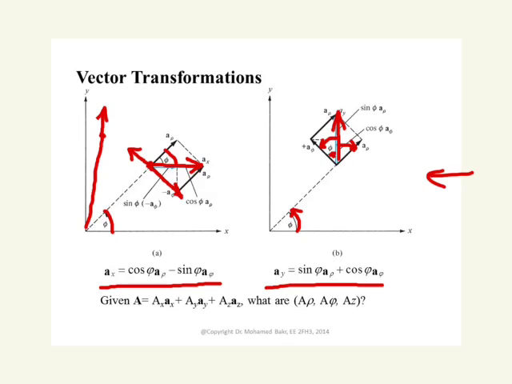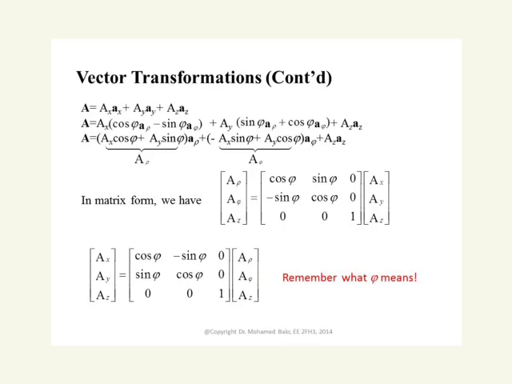So now if I give you a vector which has three components, ax, ay, and az, and ask you to determine the corresponding components of that vector in the cylindrical coordinate system, what are a rho, a phi, and az, you use these transformations. Here I decided to show you the detailed explanation. This is the original vector in Cartesian coordinates.